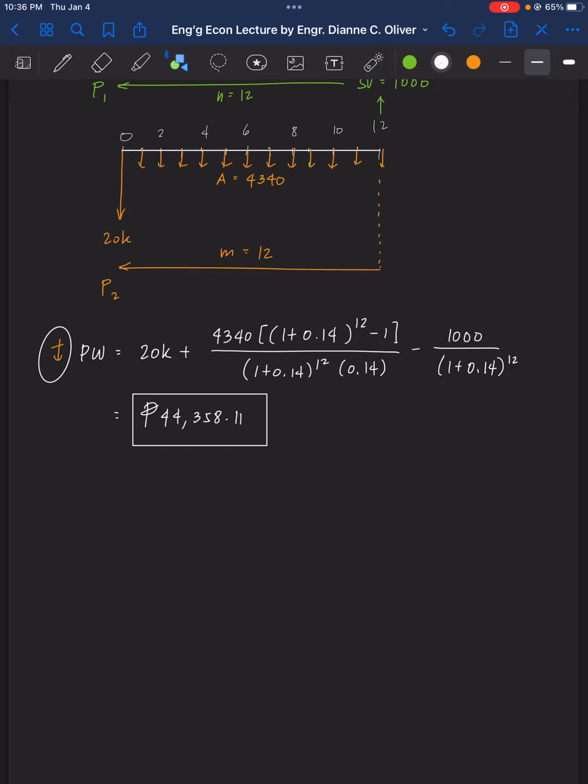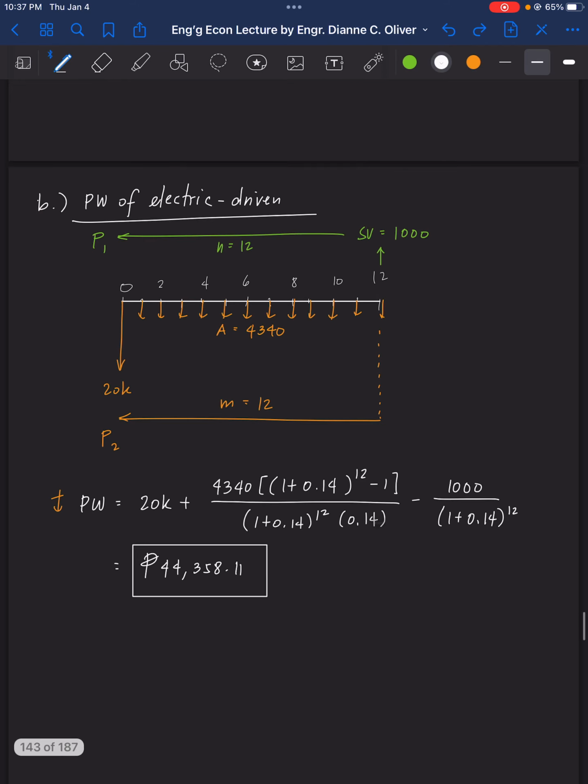Since we have here positive downward, or that is positive for the cost, since what we got as a final answer here is positive, therefore that is cost. So that's for B, present worth of electric driven machine.